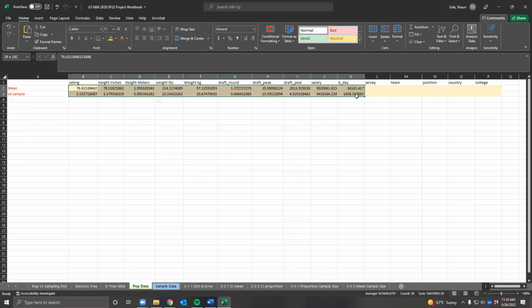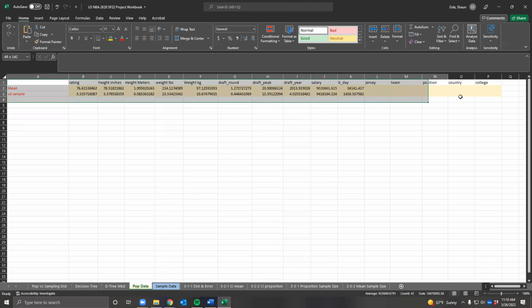So this is, if it's not population data, it's very close to population data, because the sample size that I have is so massively large that most y'all's computers can't even actually handle how much data is in there. So I have the actual population data here for the majority of y'all.